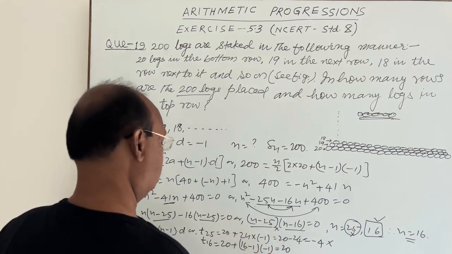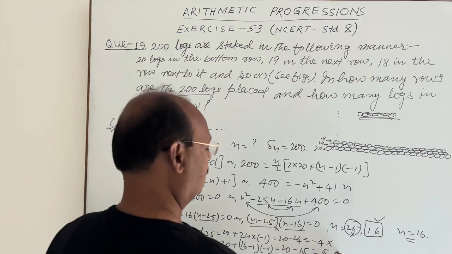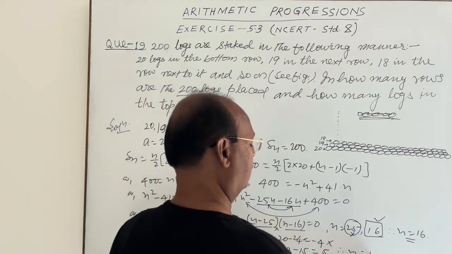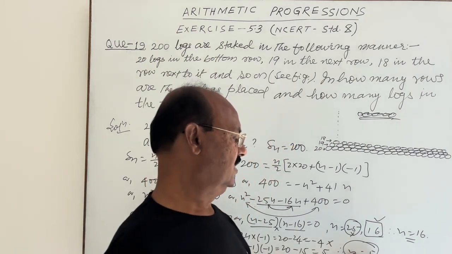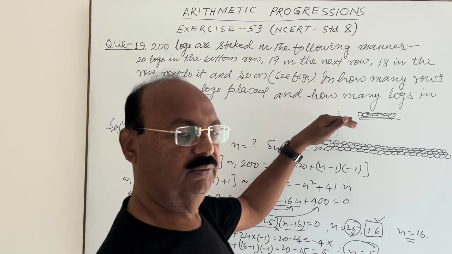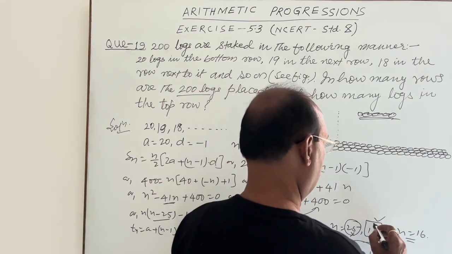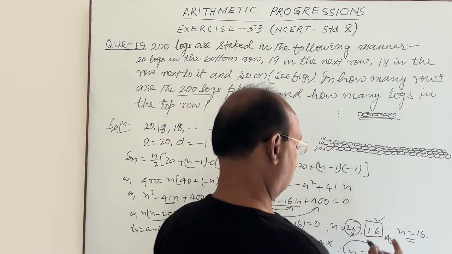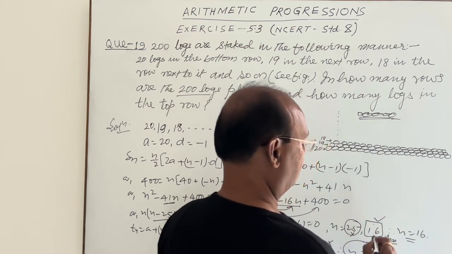So this is 20 minus 15, which is equal to 5. That is the number of logs in the topmost, the 16th row. This is the answer: the number of rows is 16, and the number of logs in the 16th row is 5.